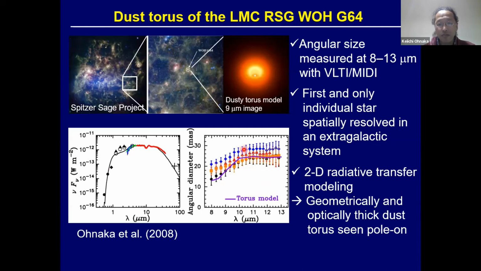So they don't differ so much. And this is well explained by the torus model, because as you can see in this torus model image, if we see the torus from pole-on, the angular size doesn't depend so much on the position angle. So we were quite happy about these results back in 2008.